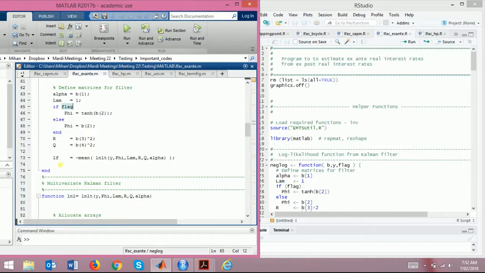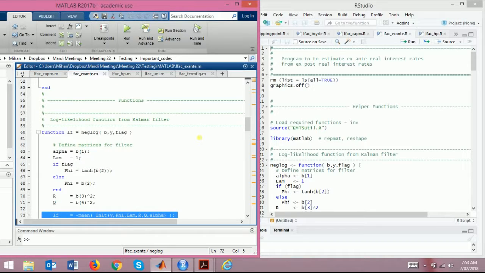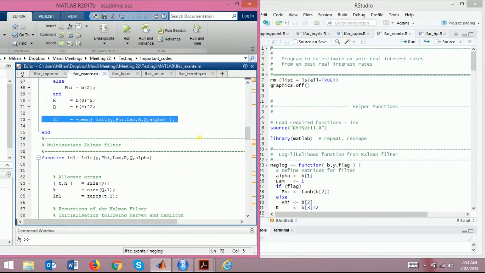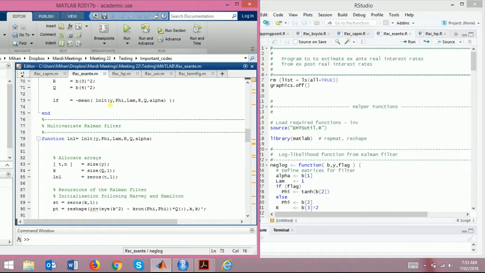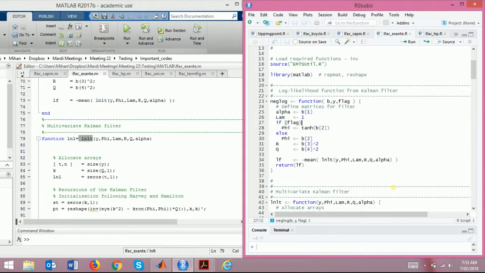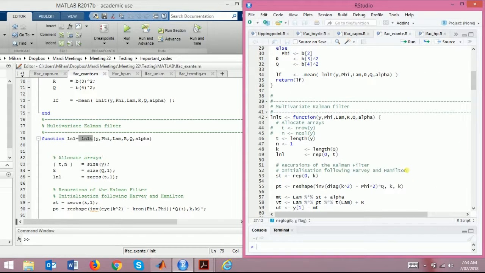So v3 square, v4 square, and then the log likelihood function with y, phi, lambda, r, q, alpha, all the elements. This could have been Kalman instead of log likelihood; that's what we have been doing. It's just a bit of fun to confuse people, that's all, nothing else.